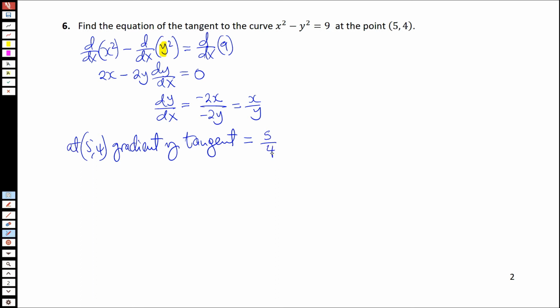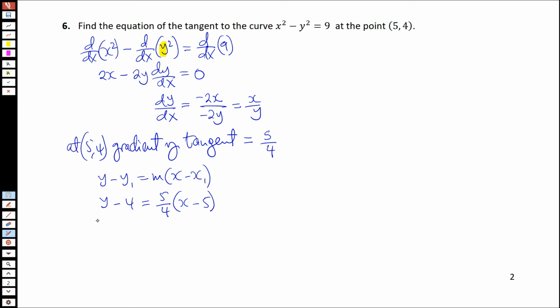Now that we have the gradient of the tangent and we have the point where this tangent is passing through, we can find the equation of the tangent. So y minus y1 is equal to m into x minus x1, the point slope formula. And x1 is 5, y1 is 4, so y minus 4 will be equal to 5 over 4 multiplied by x minus 5.